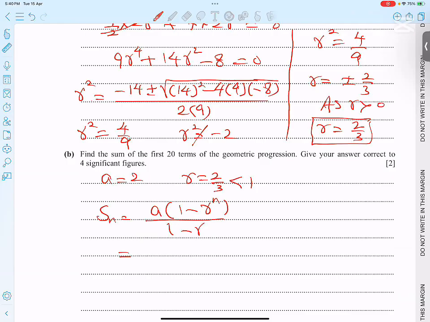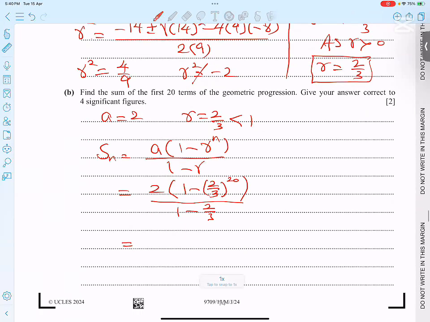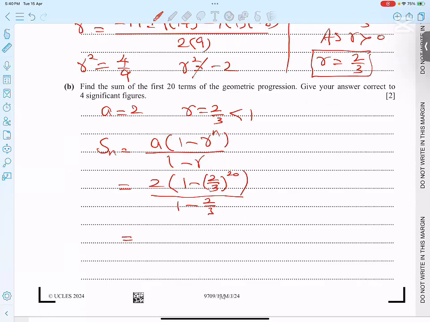So a is 2, and 1 minus (2 over 3) to the power 20, over 1 minus 2 over 3.